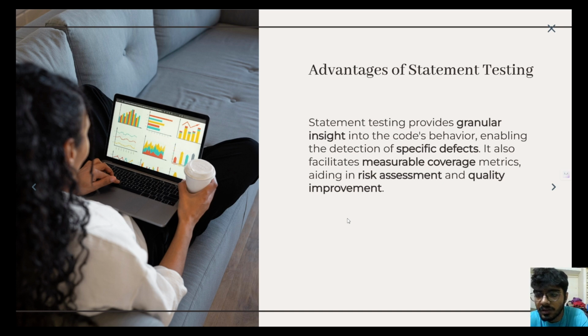Requirement verification confirms that the code implements all specific requirements, and code quality improvement enhances the overall code quality and maintainability.